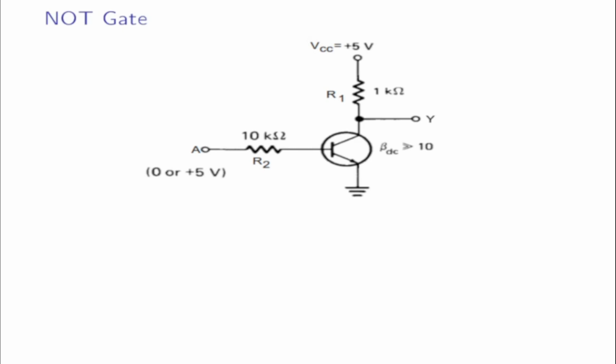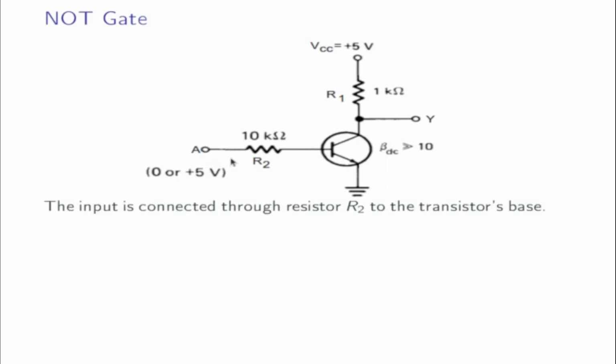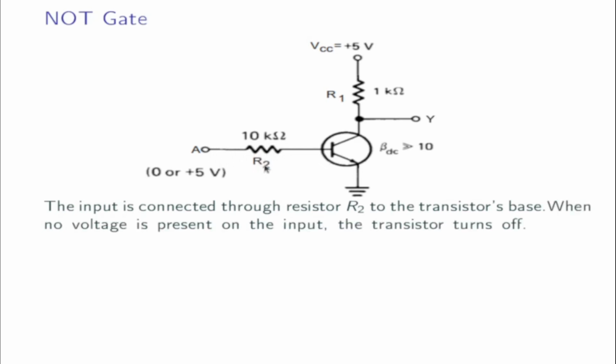A NOT gate can be constructed using a transistor. Using this circuit, VCC is given as plus 5 volt. An input of 0 or plus 5 volt is connected to the point A. The input is connected to the base through the resistor R2.